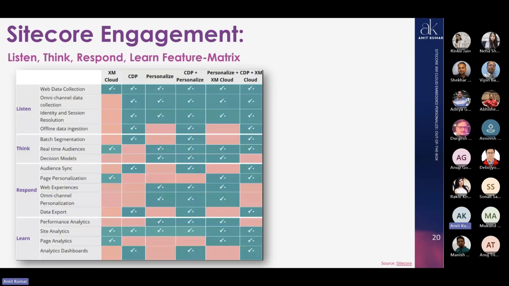But when you need to capture data interaction from a mobile app, kiosk, or any other system which is not built on Next.js or any other tech stack, in those cases it is not going to work. So in those cases, you need to buy the CDP and plus license. Whenever you need to buy licenses, you can go with this type of matrix and decide which specific license you need to buy.